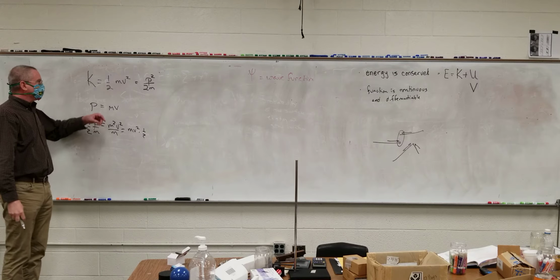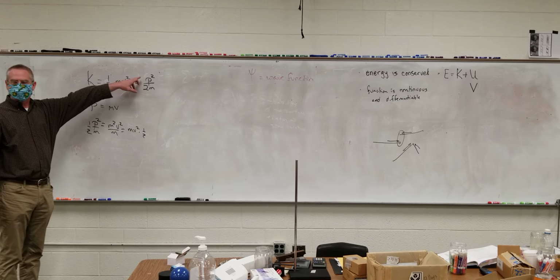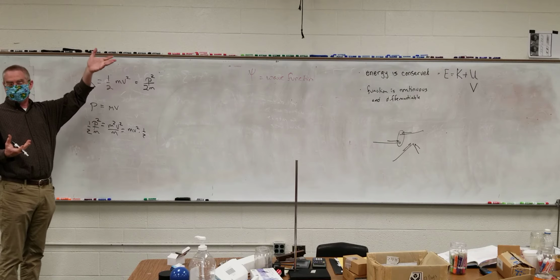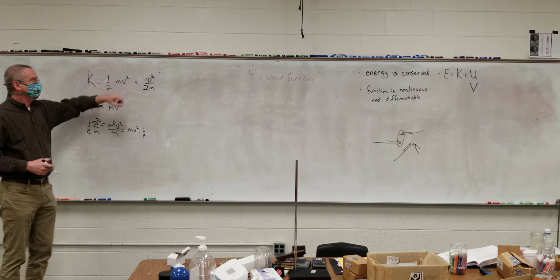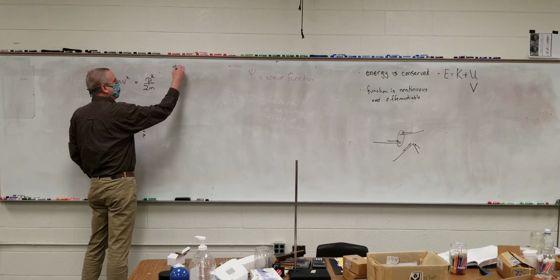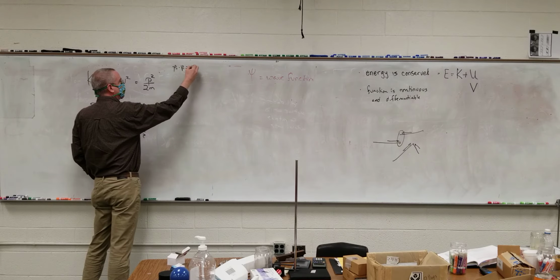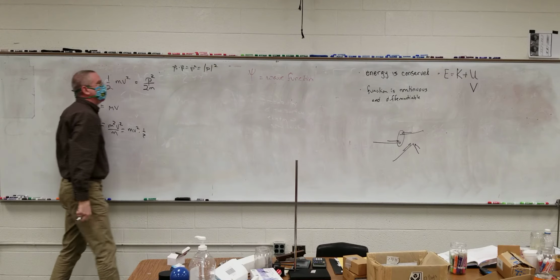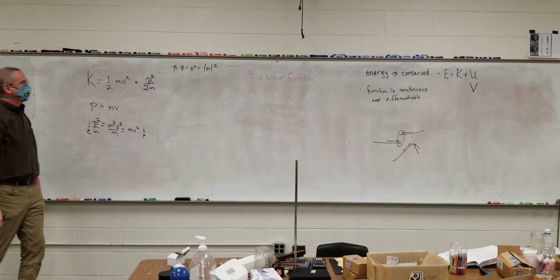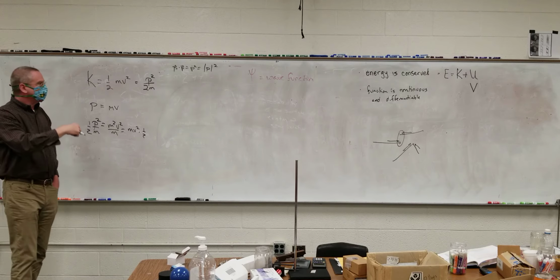Now, if we're worrying about vectors here, any vector squared is officially a dot product with itself. You multiply the magnitudes, so p dot p is equal to p squared, which is just the magnitude of the momentum squared. So it works.